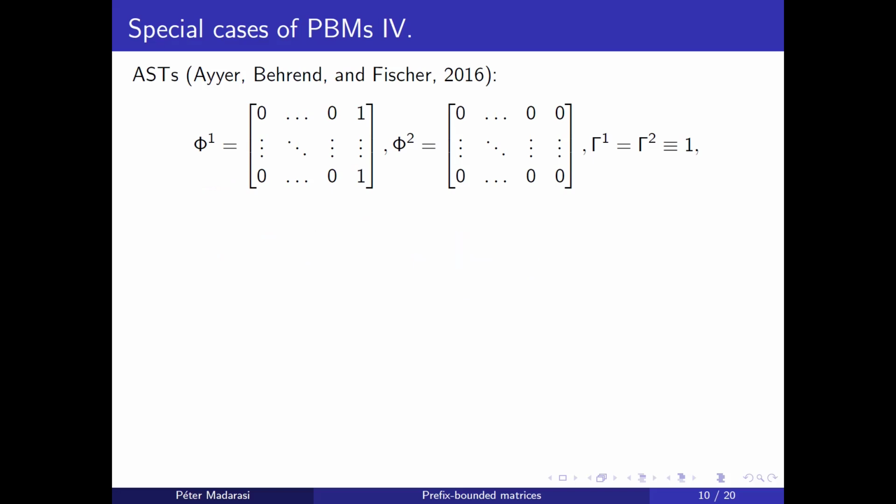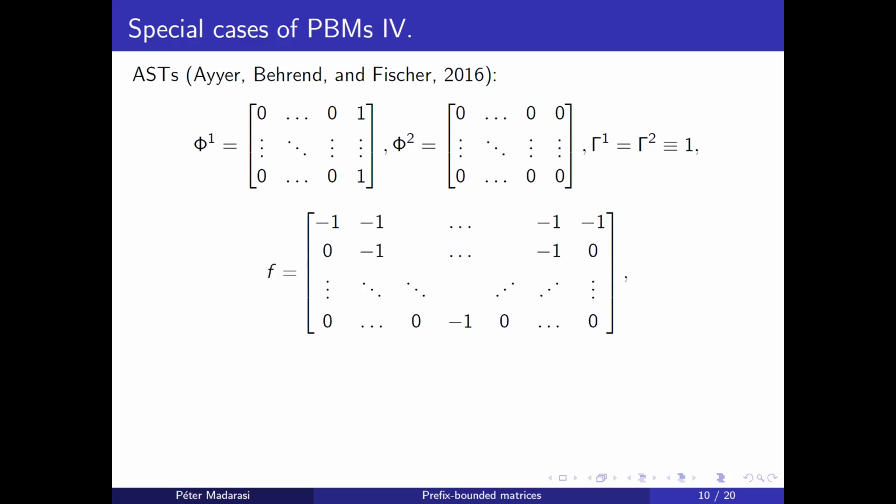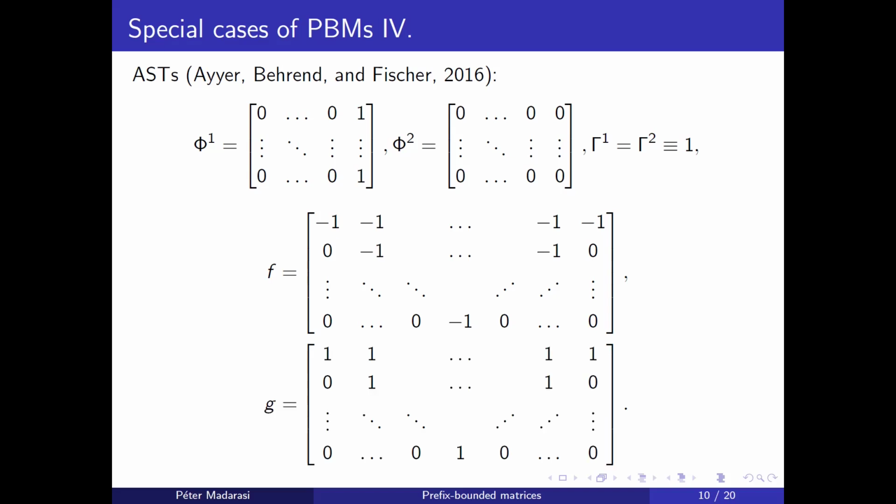And this is where our entry bounds f and g become useful, because we can simply freeze the bottom left and bottom right triangles to 0 by forcing the lower bound of 0 and letting the entries within the triangles be at least -1. And similarly, setting the upper bound of 0 on these triangles forces those entries to 0. And therefore, you can see that this essentially captures alternating sign triangles as well.